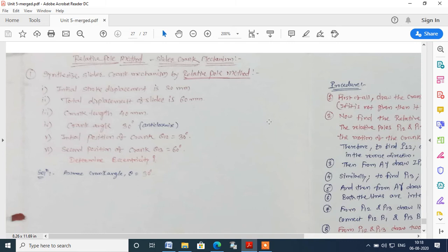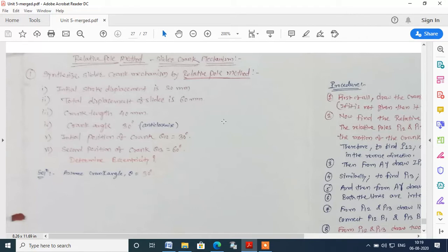Okay, welcome back. Welcome to the next module of Theory of Machines 2, and we are discussing Unit 5, Synthesis of Mechanism. After last class we have seen the inversion method, by which we synthesized a 4 bar mechanism and a slider crank mechanism.